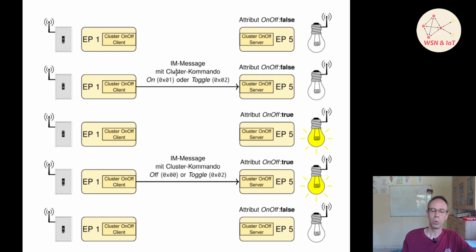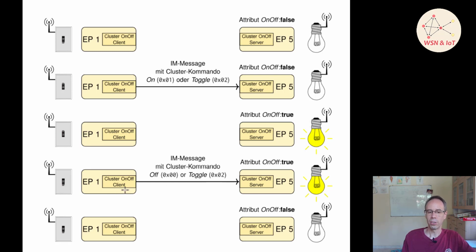We will come to the interaction model a little bit later. We can send on or toggle as a command. They are coded: on would be 1 and toggle 2. Then we change the attribute on the server from false to true, and as behavior, the lamp goes on.